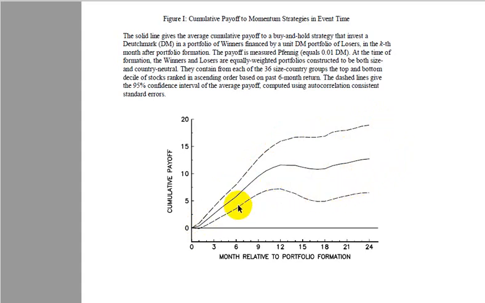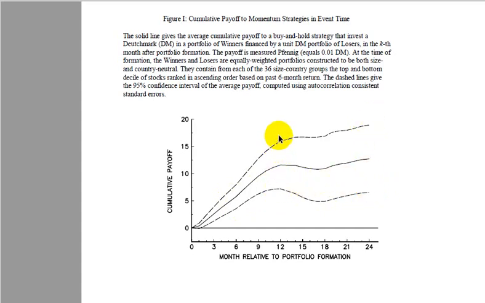So we could say that we're 95% confident that the returns of buying winners and selling losers in the international markets would accumulate somewhere between 5 and 18% over a 24-month period.